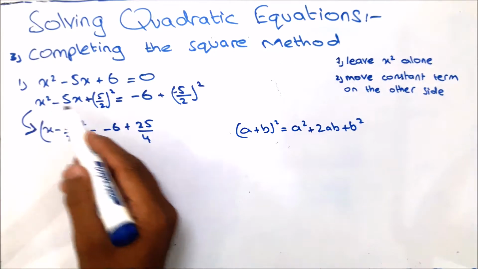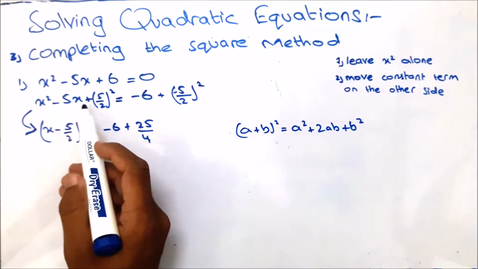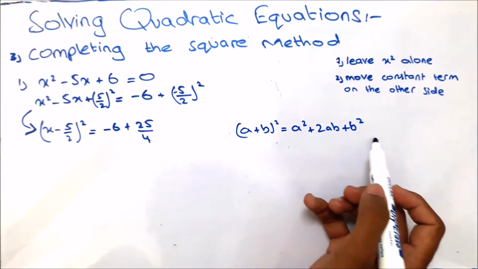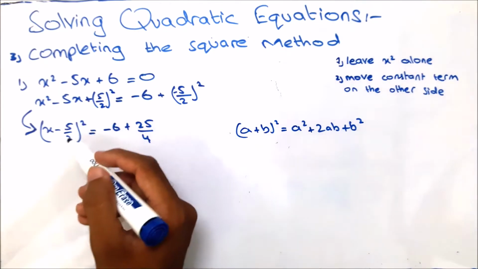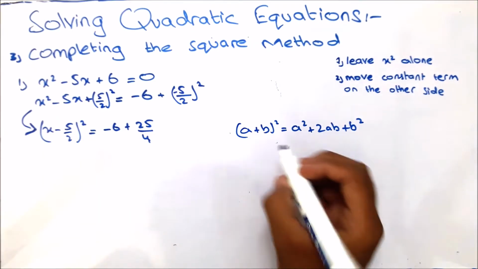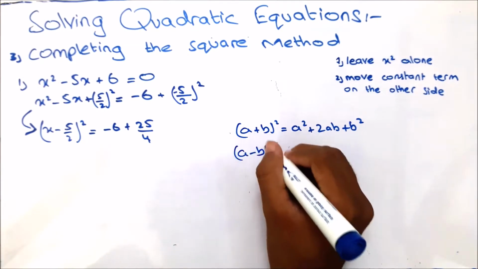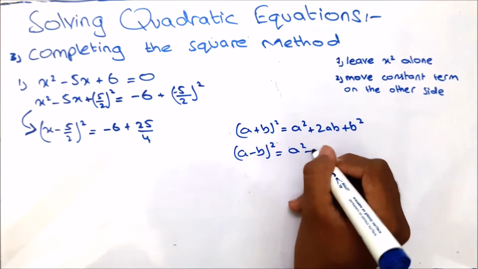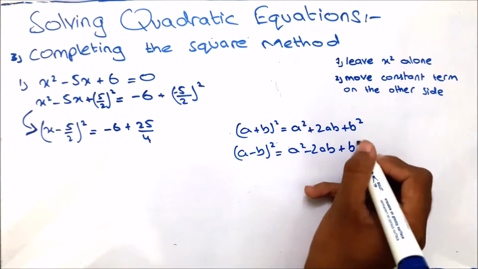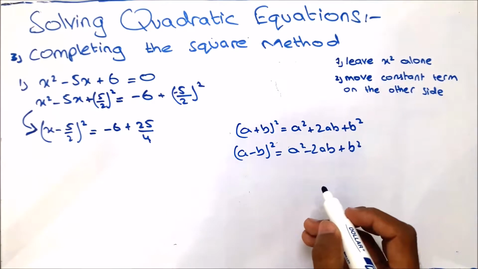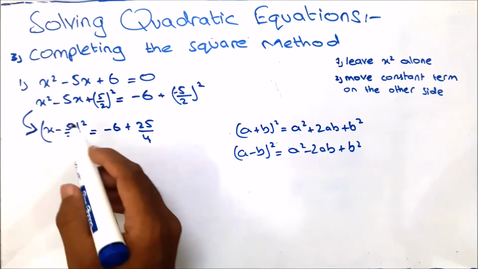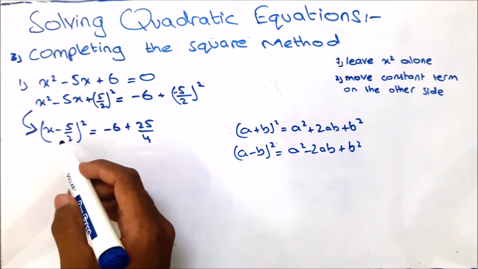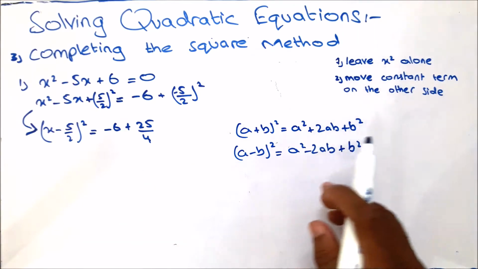This thing is equal to this, but with the minus sign it becomes a minus b whole square is equal to a square minus 2ab plus b square. Okay, so that's how this is. I'll show you why I divided by 2 when I'm done solving it. I'll come to that, don't worry.